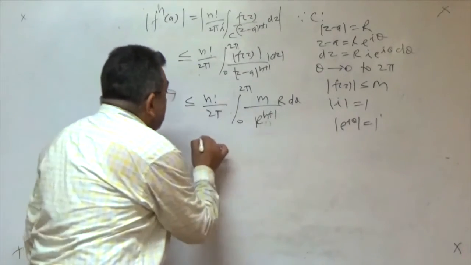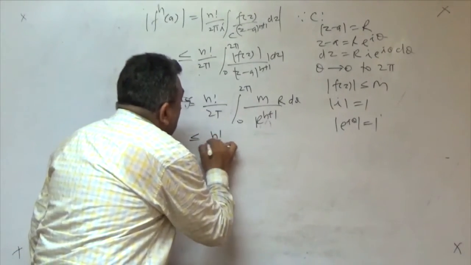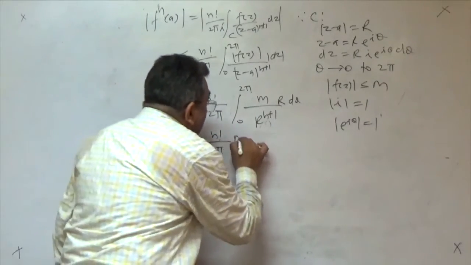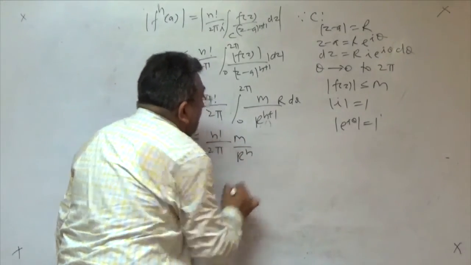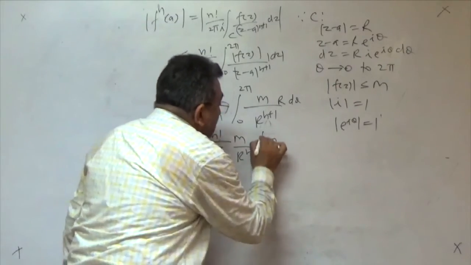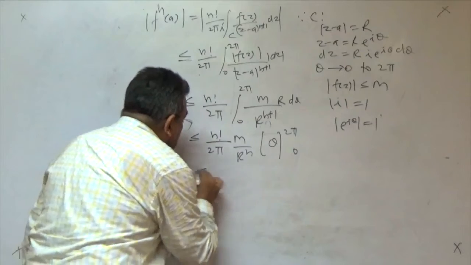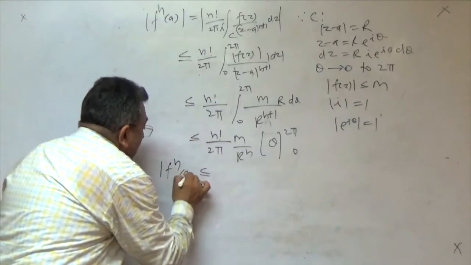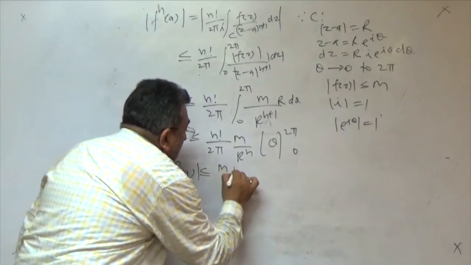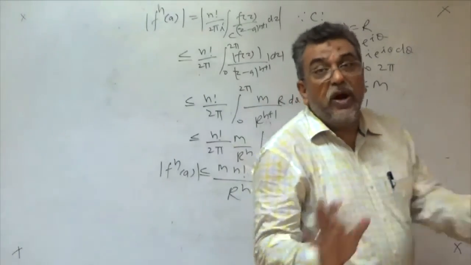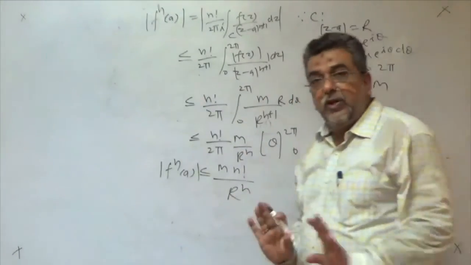So r to power 1 is cancelled out, and this is n factorial upon 2 pi, take M outside, r to power n outside, integral of 1 is theta from 0 to 2 pi, that is 2 pi, which cancels out. Finally, we get the nth derivative of f at a is less than or equal to M n factorial upon r to power n. That is your required result. That is the proof of Cauchy's inequality.